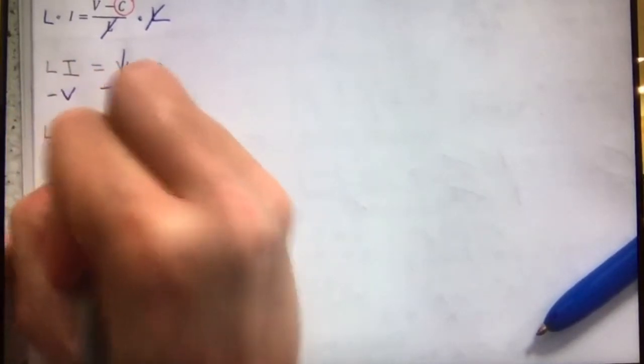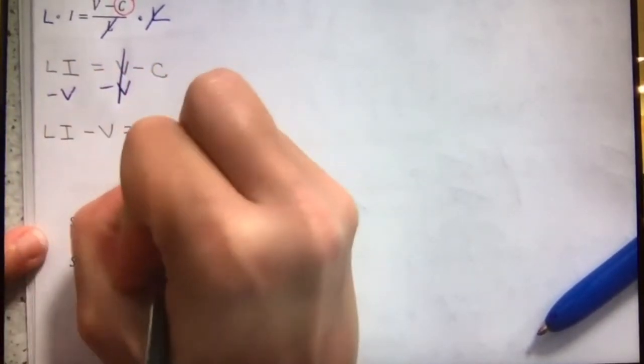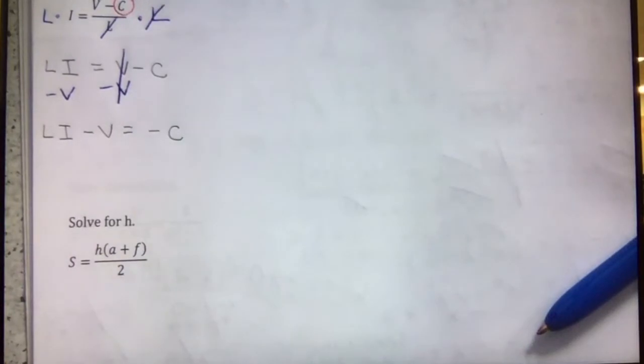So we're left with LI minus V equals negative C. Notice these are not like terms. I cannot combine them, so we're just leaving it as LI minus V equals negative C.